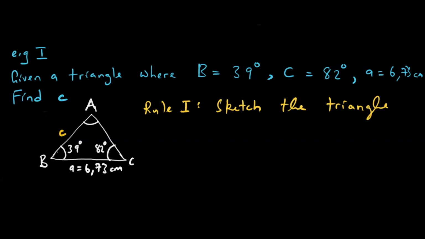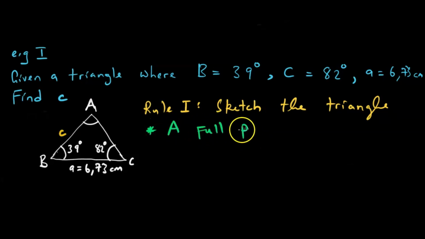When we are using the sine rule, we should have a side with its corresponding interior angle, or an interior angle with its corresponding side. We should have a full pair. That means we should have an interior angle with its side. Then we will have an interior angle without a side when the question wants us to find a side. Sometimes it will be a side without an interior angle when the question wants us to find an interior angle. So know this: we should have a full pair.